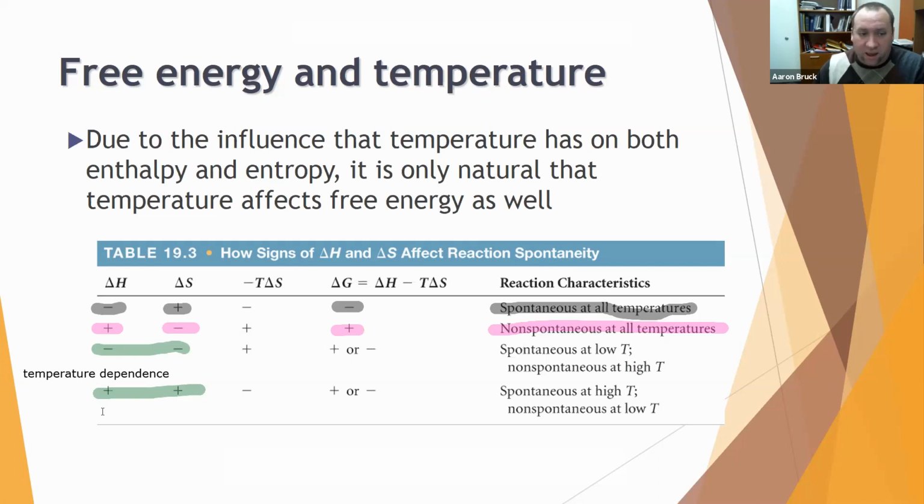And if we have something that is enthalpy disfavored, so endothermic, but entropically favored, at low temperatures, the reaction will not go. But as soon as that temperature is high enough that the entropy term takes over, the reaction goes.